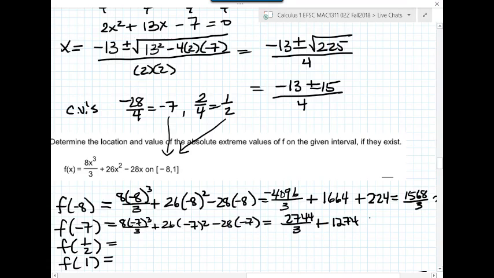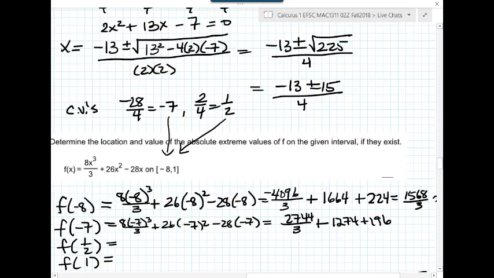So this is going to be 1568 over 3, which as a decimal is about 522.7. The only reason I'm making a note of that is because we need to know what the biggest and smallest values of these would be.